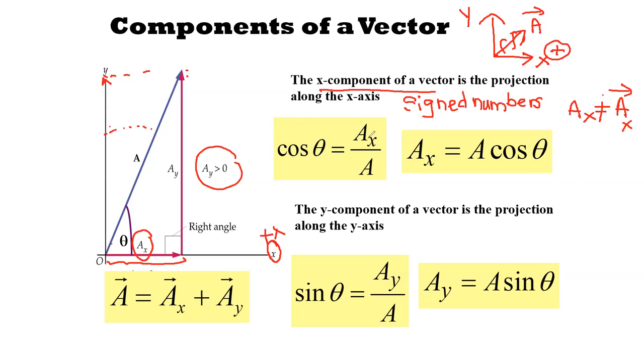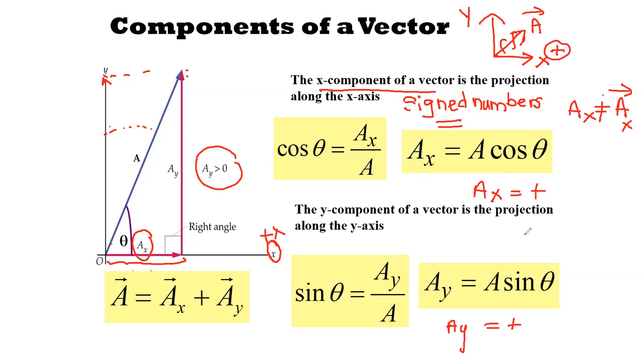First let's figure out your AX and AY because this is really important. I project this to the x-axis, then I see my arrow goes in the positive x direction. Therefore my AX, for this diagram, should be positive. AY is positive as well, because it's going in the positive y direction.